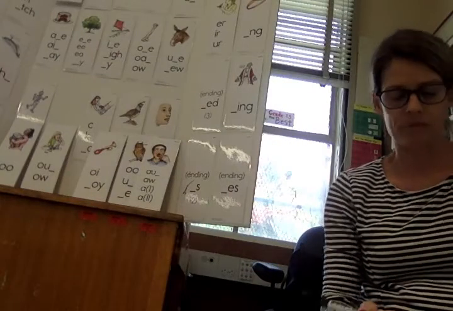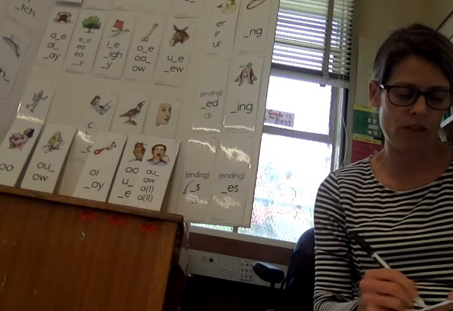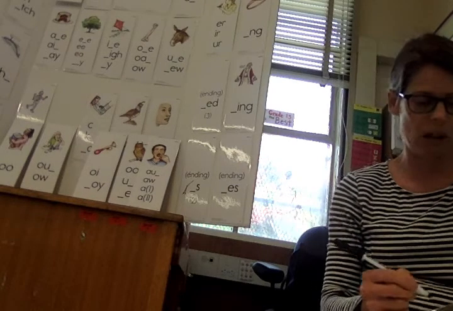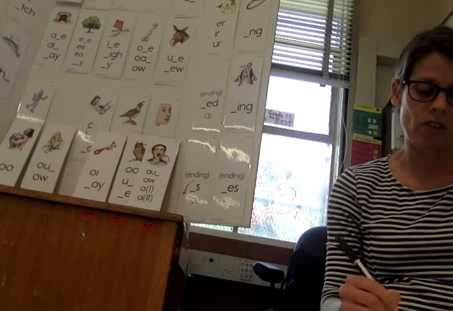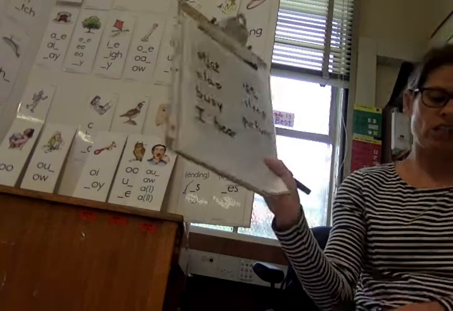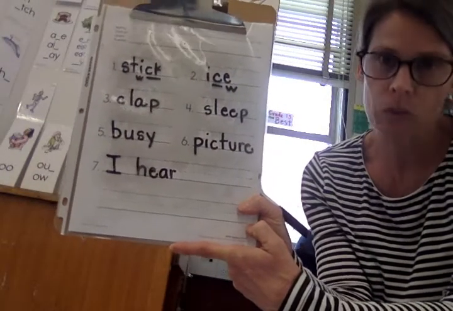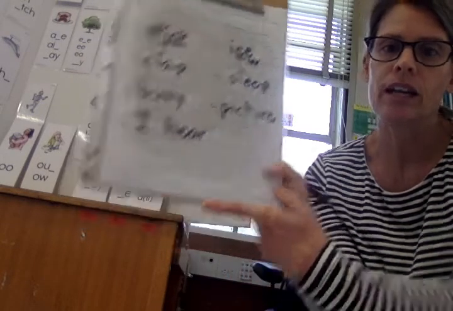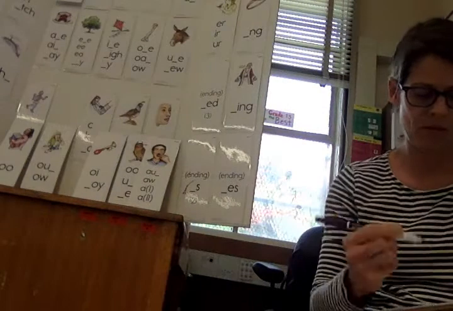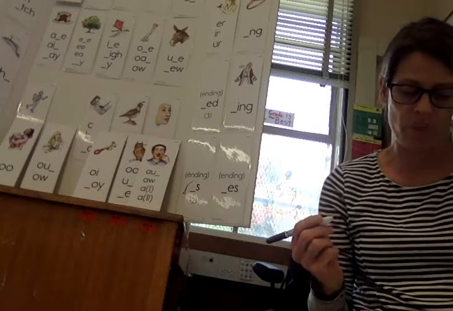Number 7 is our sentence. I hear a voice. So capital I to start us off, because we always start our sentence with a capital I. H, ear. H, E, A, R. Which E? Ear, the E-A. I hear a. You know that, A. And then voice.